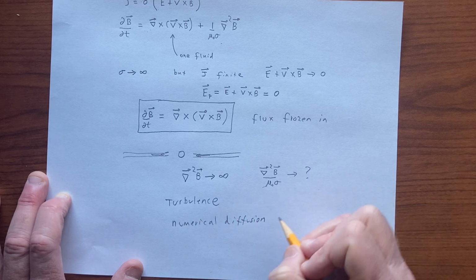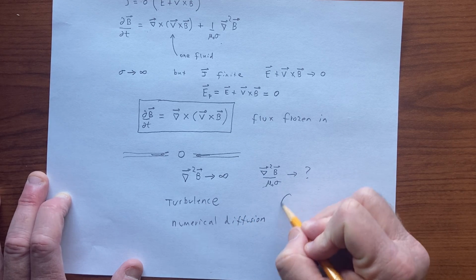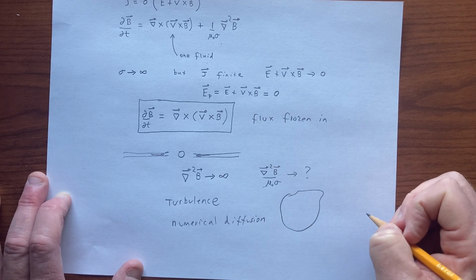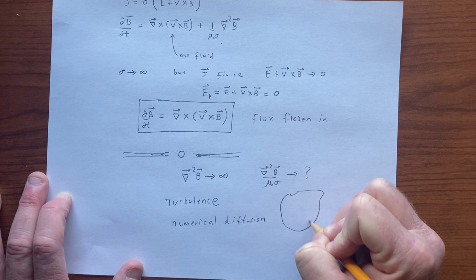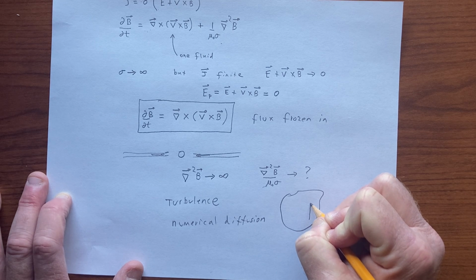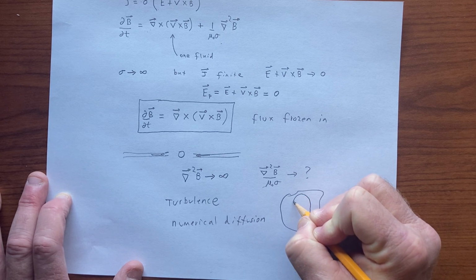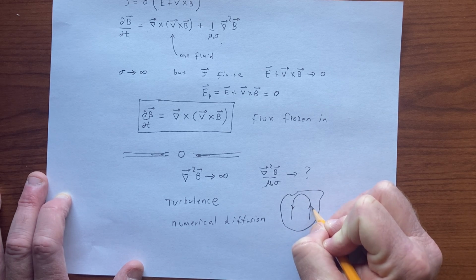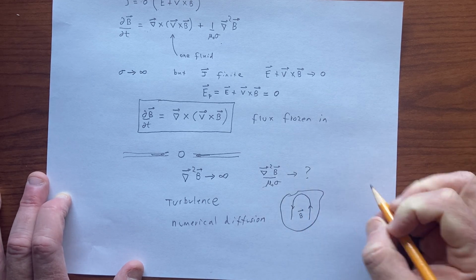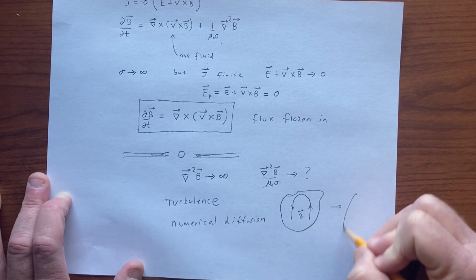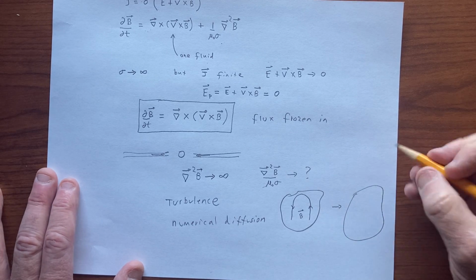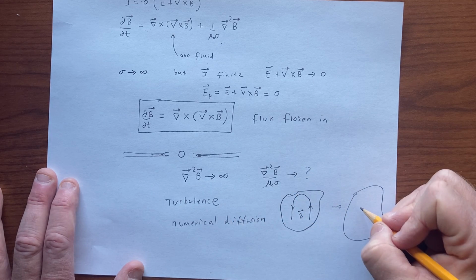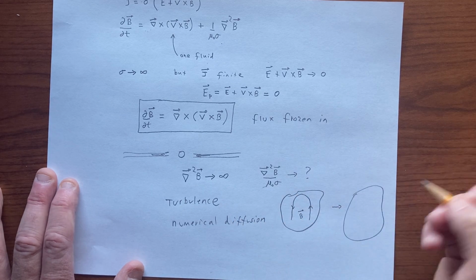So maybe we can make a drawing. Magnetic field in some region, right? So the plasma is moving around, it's tangling up the field. Here's a field line, let's say that's going up like this, and then it starts to get dragged around like this. Over here, it gets twisted all up like that, let's say, and then eventually, because of this numerical diffusion, you'll get a realignment of the field.